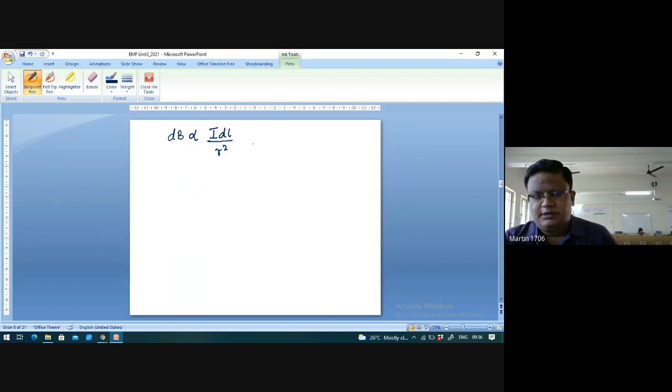If we remove the proportionality symbol, then in the magnetic field we have to introduce a constant called mu.